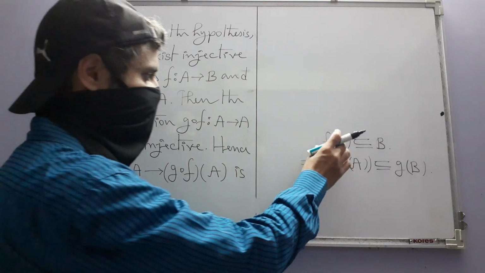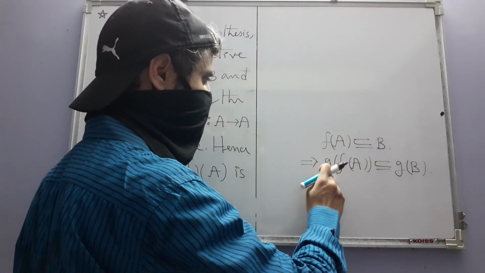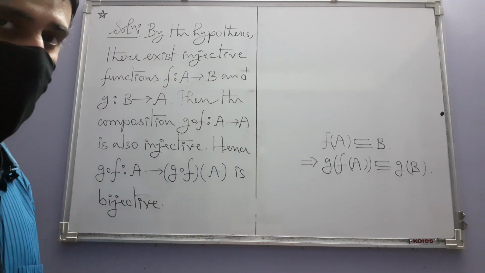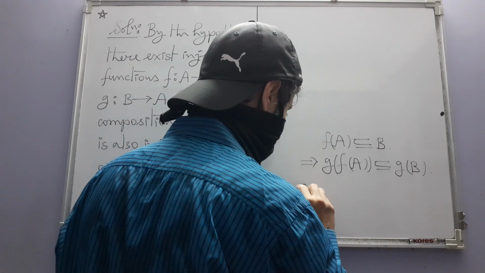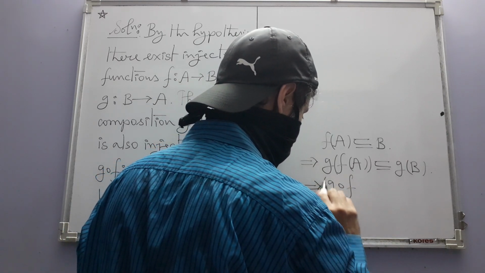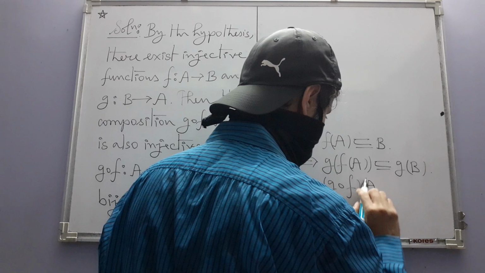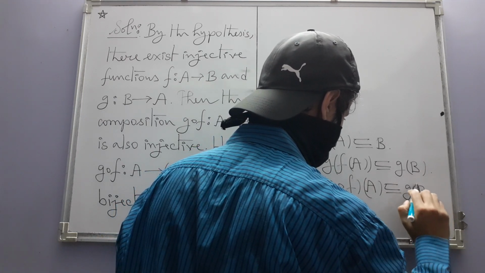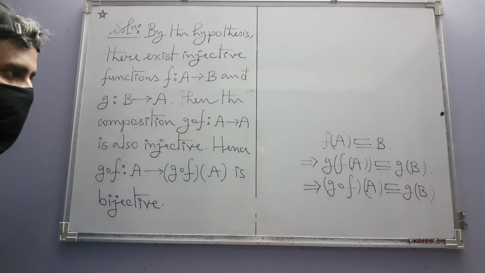That is, if you have a relation like this, then the images of the sets under some function also are related in that way. So that means what? It means that (g∘f)(A) is contained in g(B).